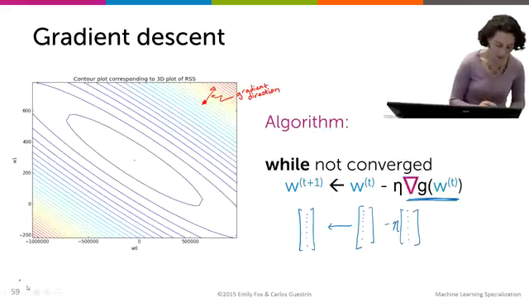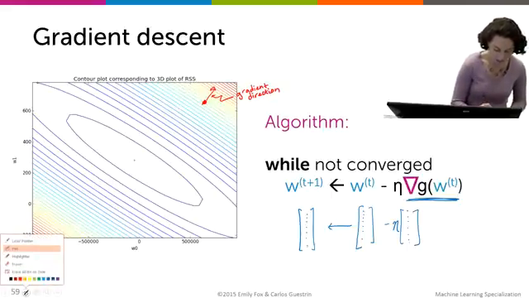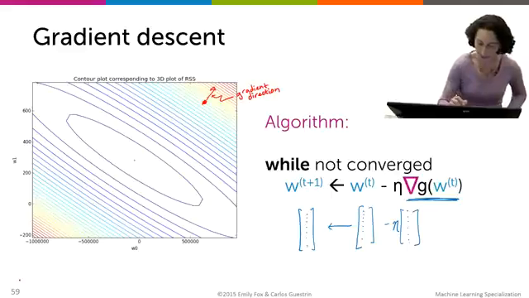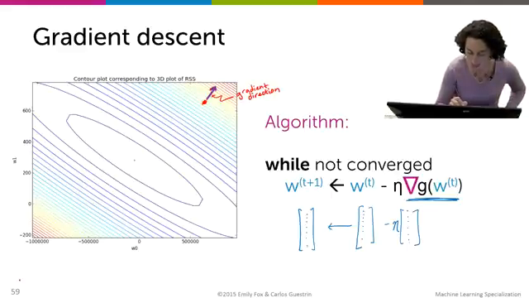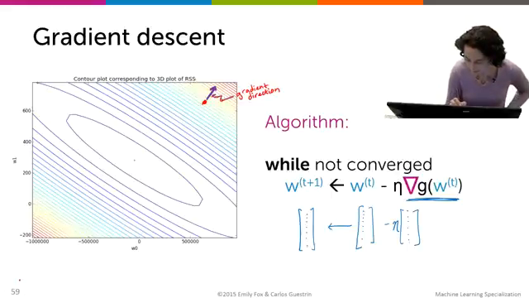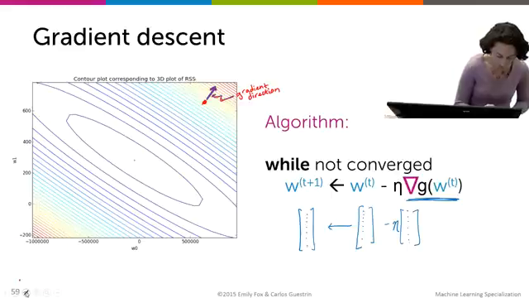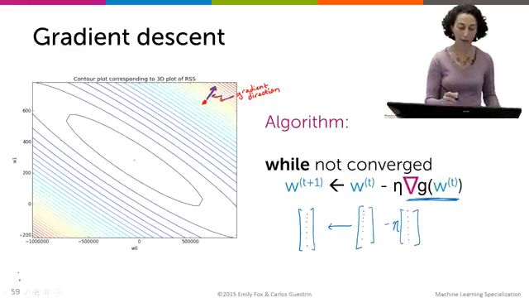So let me actually draw, sorry to take up a little time here, but I think it's worthwhile for clarity. Let me draw the gradient as a purple vector so it's different from the vectors that I'm going to be drawing right now. Okay, because the other vectors that I'm going to be drawing right now are the steps of my gradient descent algorithm.